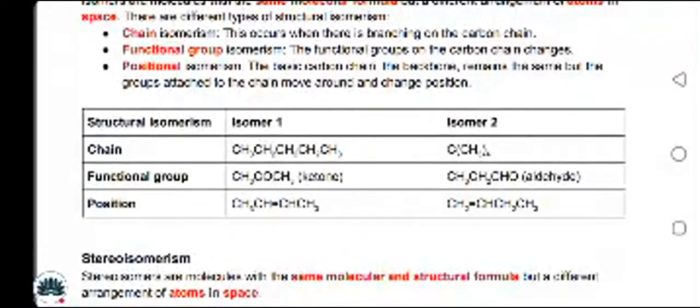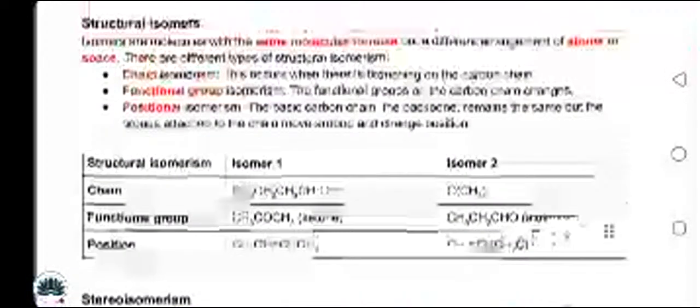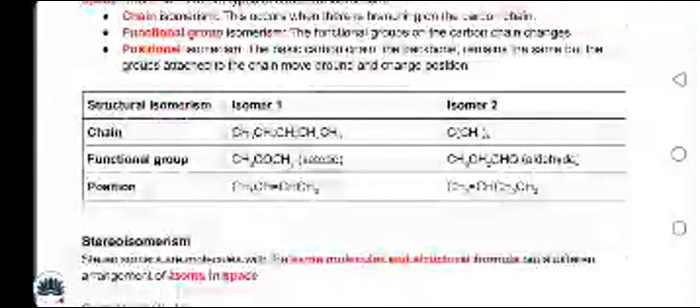For the functional group, this is a ketone. For the second isomer, it is an aldehyde. You can see in this example that the atoms have different structures, but the molecular formula remains the same. Understand? You can also write the molecular formula for them.